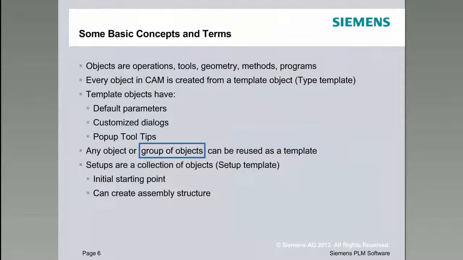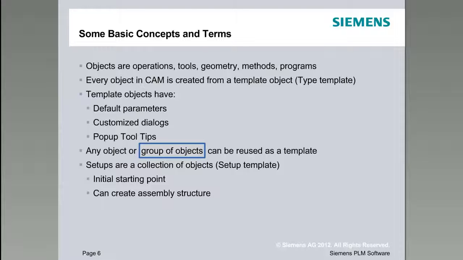A little bit of review, especially for those of you who are experienced customers, but we have prospects and new people in the room. I want to make sure we're clear on the terminology before we get too far into it. When I talk about an object in CAM, that's one of 5 things: operations, and then 4 kinds of groups: tools, geometry, methods, and programs.